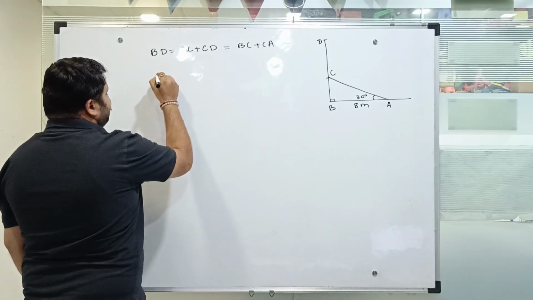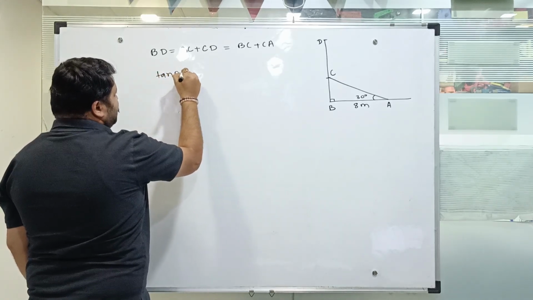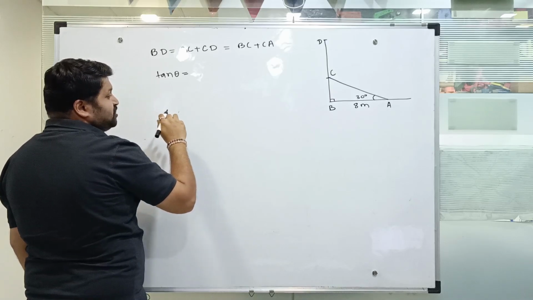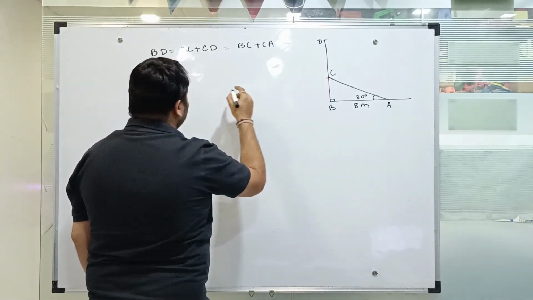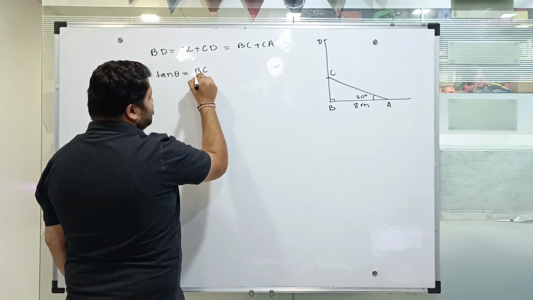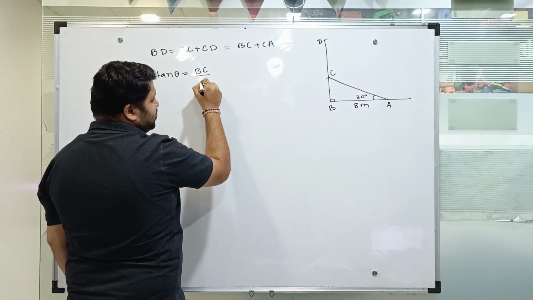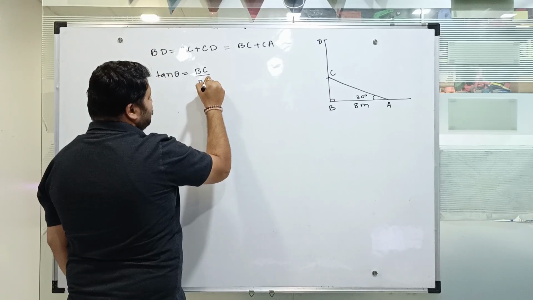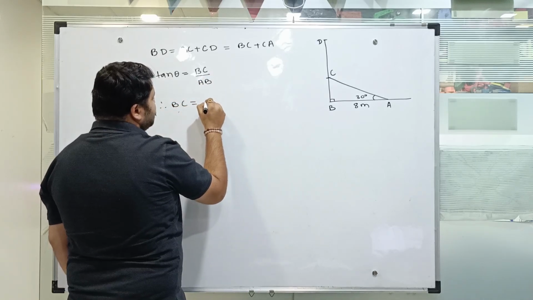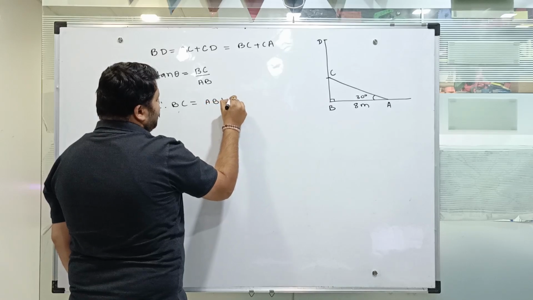So first I will write tan theta is equal to, now I'll use tan theta to find the value of BC. So tan theta is opposite side upon adjacent side. So it is BC upon AB. So therefore BC will be equal to AB tan theta.